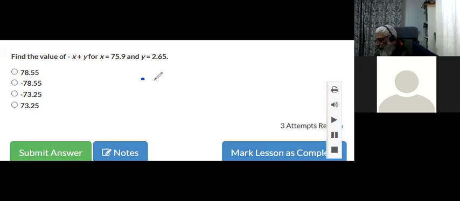That's it. Correct. For x equals 75.9 and y equals 2.65. Yes. How to do this? You put 75.9, which is also 76.